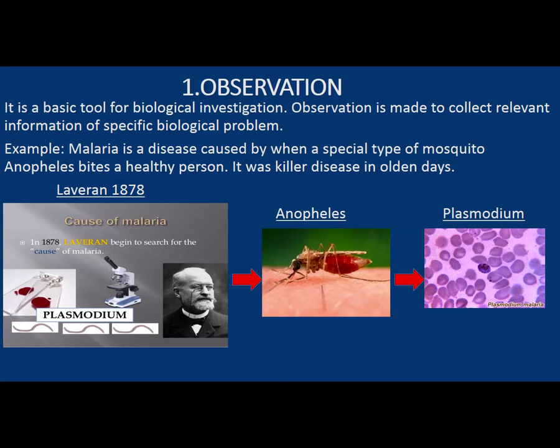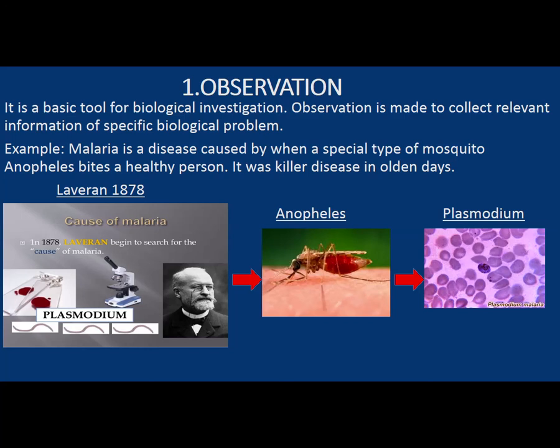Here we will take one example of a disease, and this disease is called malaria. Nowadays malaria is not very dangerous, but in past years it was a killer disease, because so many people died of malaria.